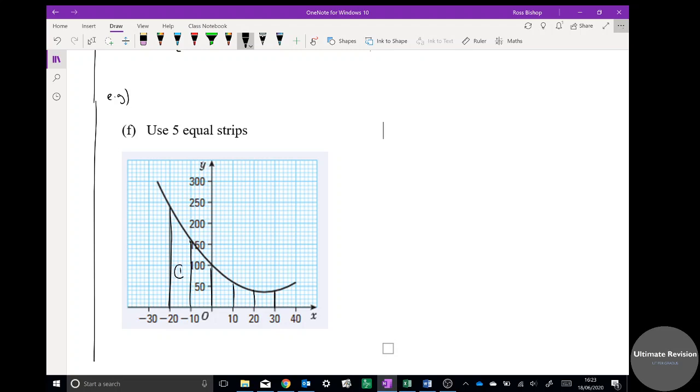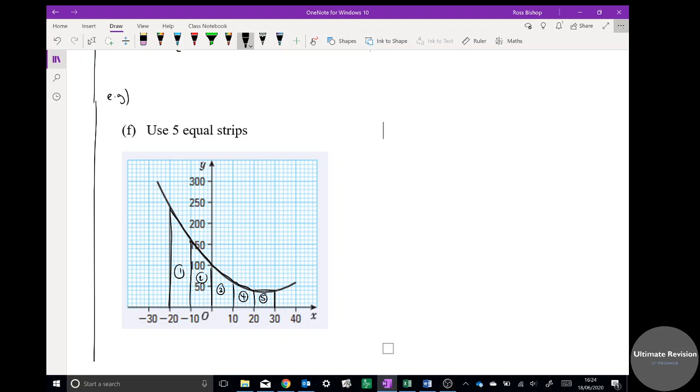So we've got 1, 2, 3, 4, and 5. I need to work out the area of each of those strips if I estimate it to be a trapezium. Now, lots of these will basically be a trapezium, but you can see it's not quite. I get a very good estimate if I make them all trapeziums.